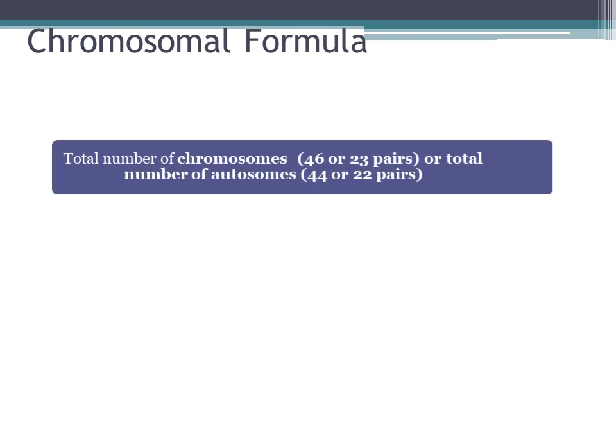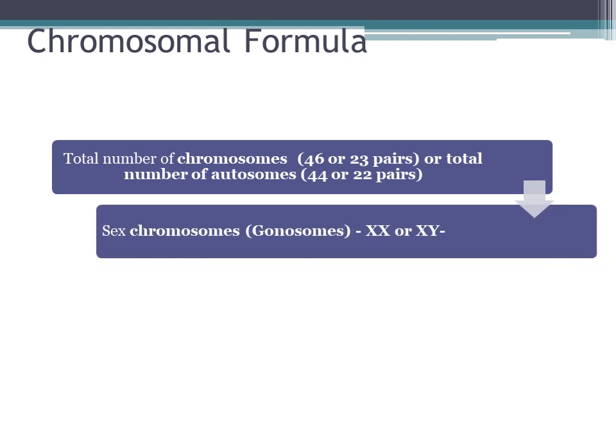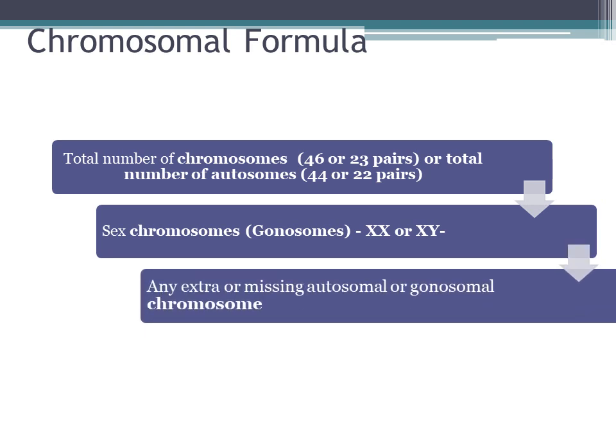A chromosomal formula states the total number of chromosomes, which is 46 or 23 pairs in case of humans, or the total number of autosomes, which is 44 or 22 pairs in humans also, along with the sex chromosomes, which are XX in case of a female and XY in case of a male. It also states if there is any extra or missing autosomal or gonosomal chromosome.